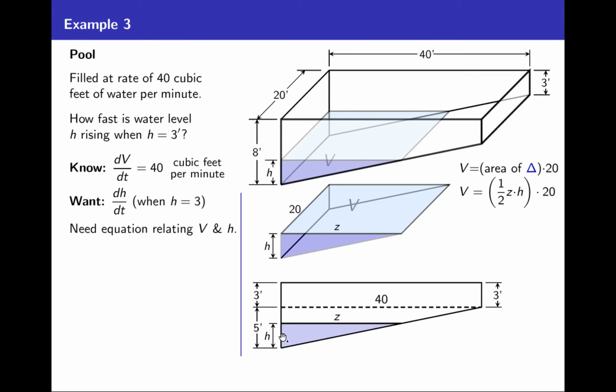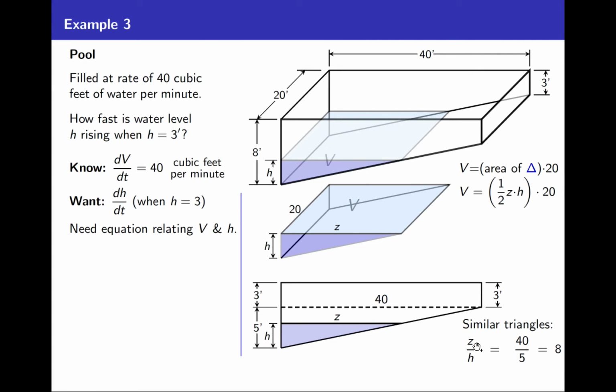And notice you have similar triangles. This little blue triangle is similar to this triangle with a dashed horizontal side and a height of 5. So we can use similar triangles to relate h and z. By similar triangles, z is to h as 40 is to 5. z over h equals 40 over 5, and 40 over 5 is 8.